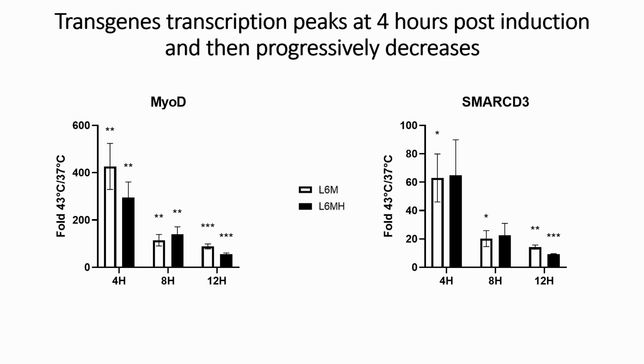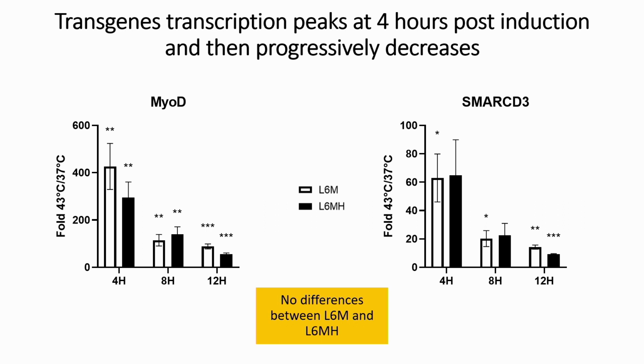So we analyzed 4, 8, and 12 hours after the differentiation induction, and we saw that after 4 hours we have a peak of the induction, which goes to 300 to 400 times higher after the heat shock, and then it progressively decreases through time, both for MyoD and SMART-CD3. But still, we did not observe a difference between the two cell lines.